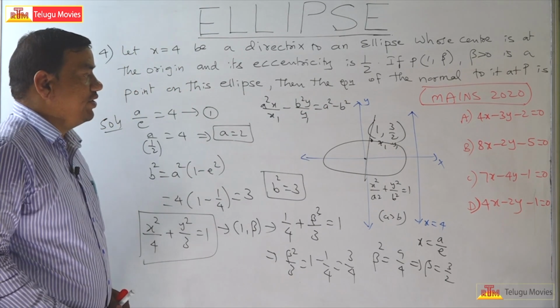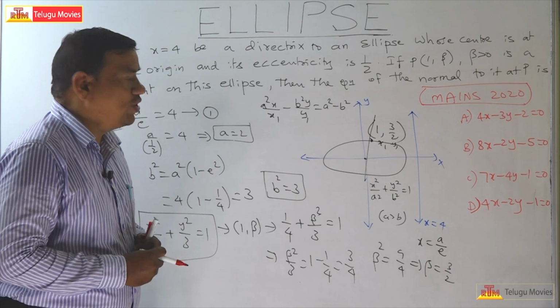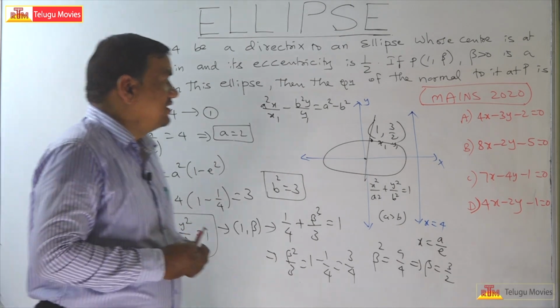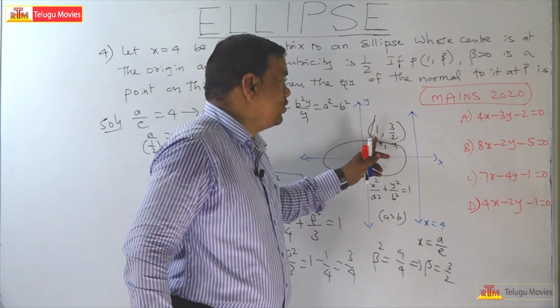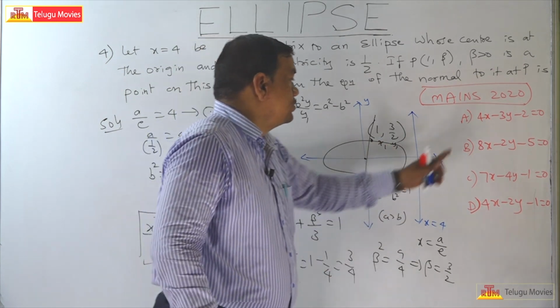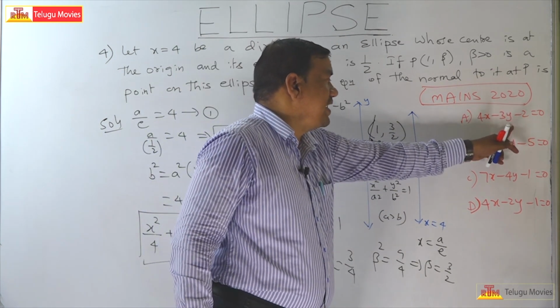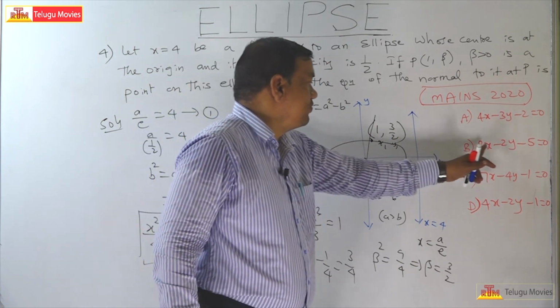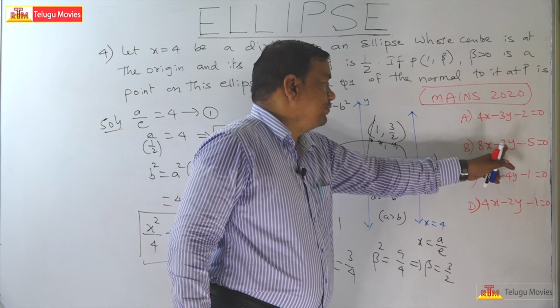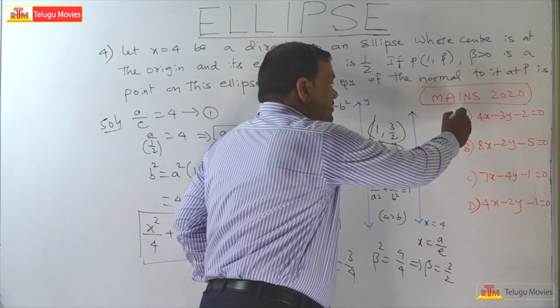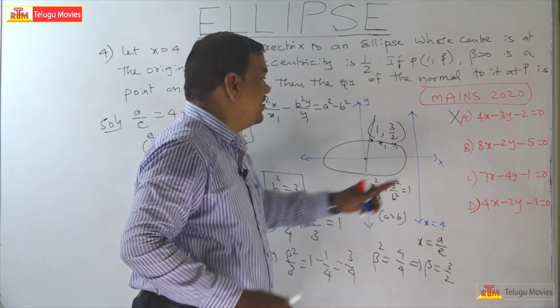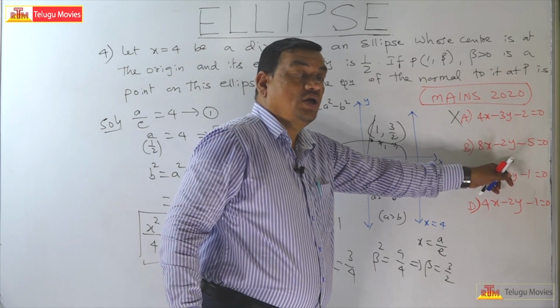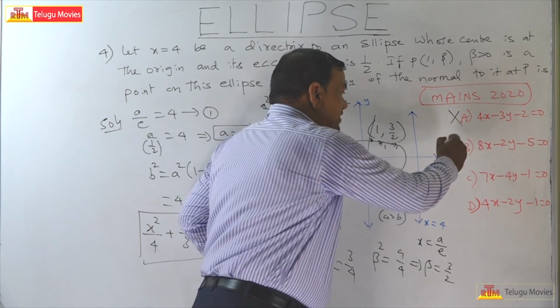But let us find it using option verification. Substitute x is equal to 1, y is equal to 3 by 2. In the first option, it is not satisfying. In the next one, the 2s cancel, so it is satisfying.